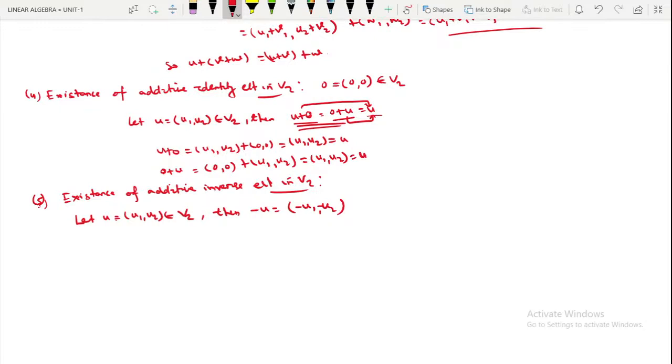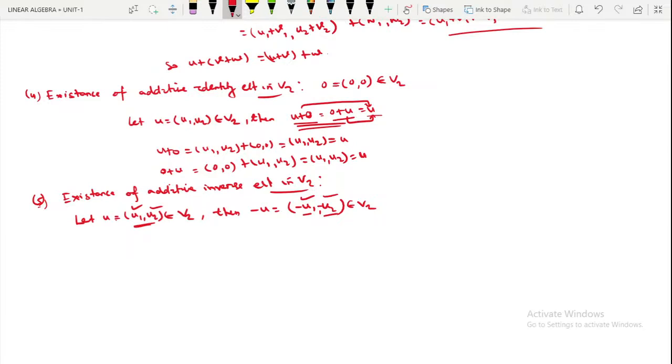Now you just see, if u1 comma u2 belongs to V2, then minus u1 comma minus u2 must belong to V2, because if u1 belongs to R, then minus u1 belongs to R, and if u2 belongs to R, then minus u2 belongs to R. So if u belongs to V2, then minus u belongs to V2, then we take their sum, and it must be your additive identity element.